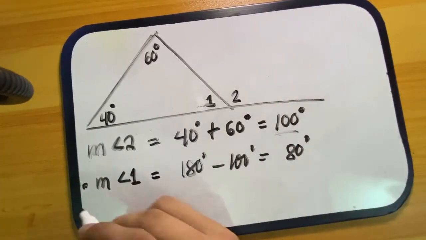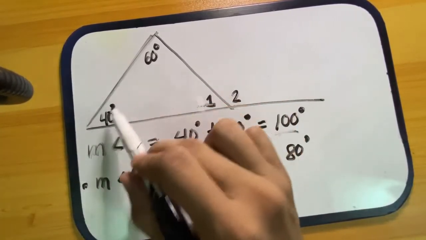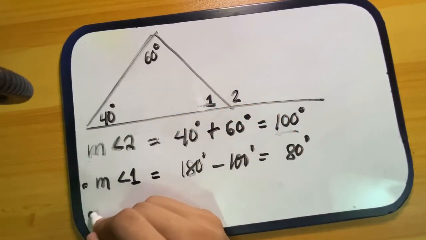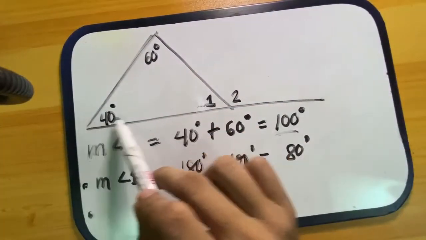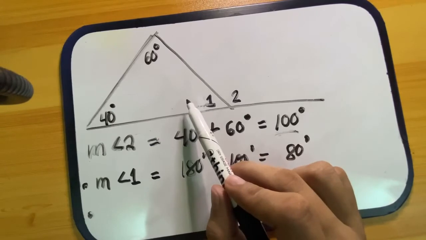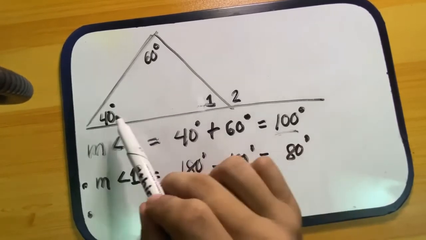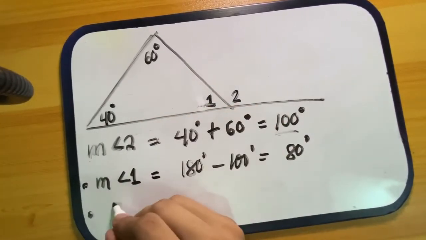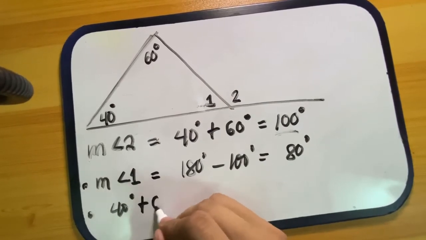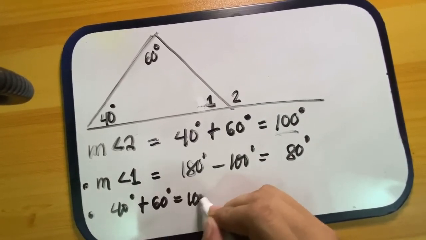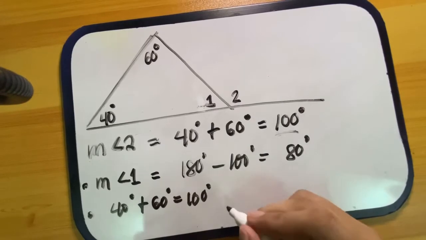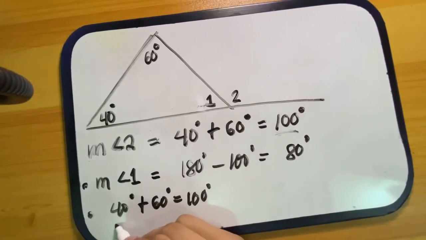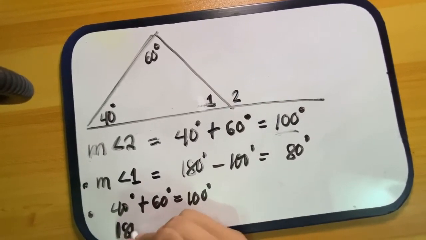Or you can add 40 and 60, because the sum of all the three angles inside the triangle is 180. So 40 degrees plus 60 degrees, that is 100 degrees. And then the next step is to subtract from 180.